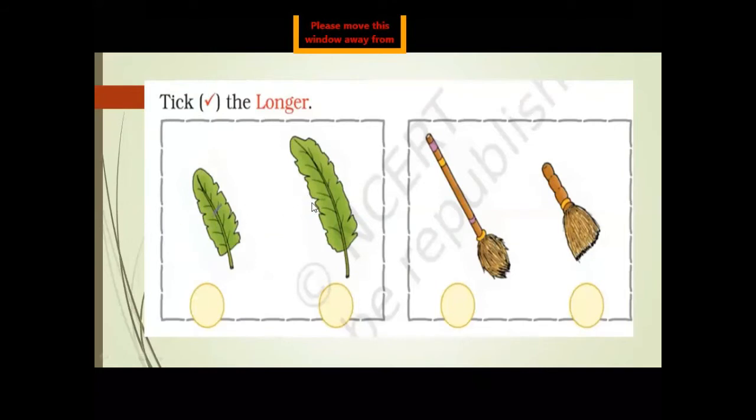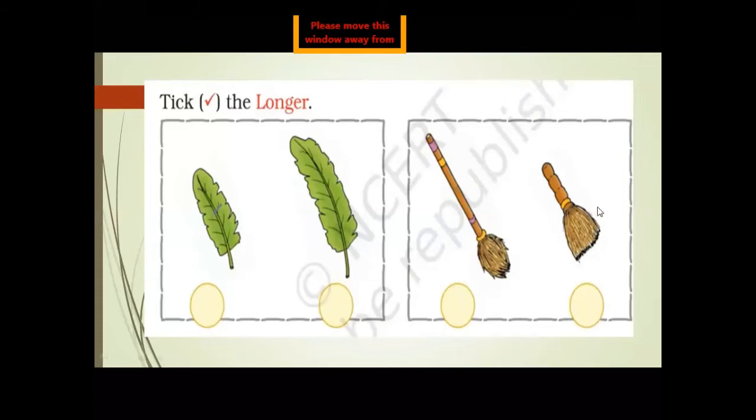When we compare two things, we use the term longer for the long thing. So which leaf here is longer? Obviously, this one is small, so it is not longer. This leaf is large or long, so it is called longer. So we tick mark here.